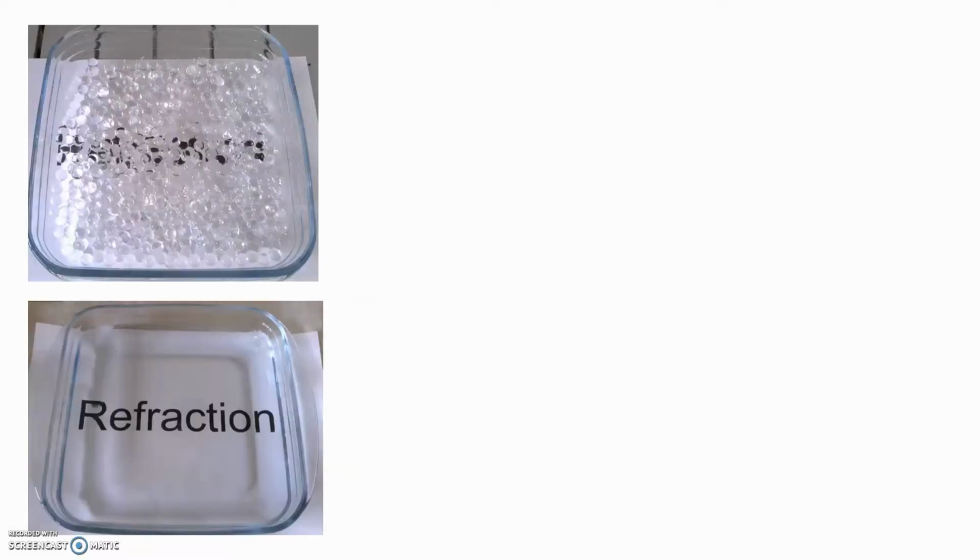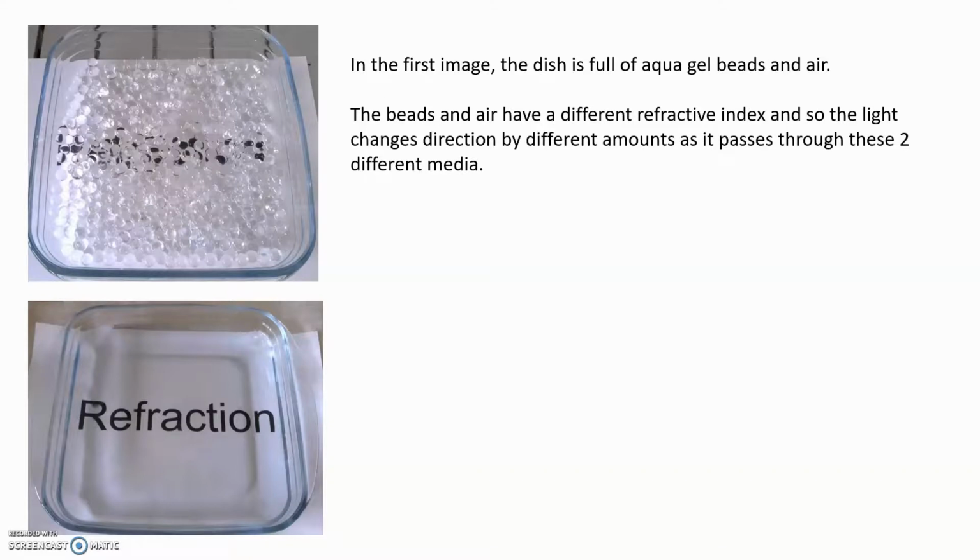So what we've got here are two images of what we saw in the video earlier on. In the first image at the top left, the dish is full of aqua gel beads and air, so the water hasn't been poured in yet.